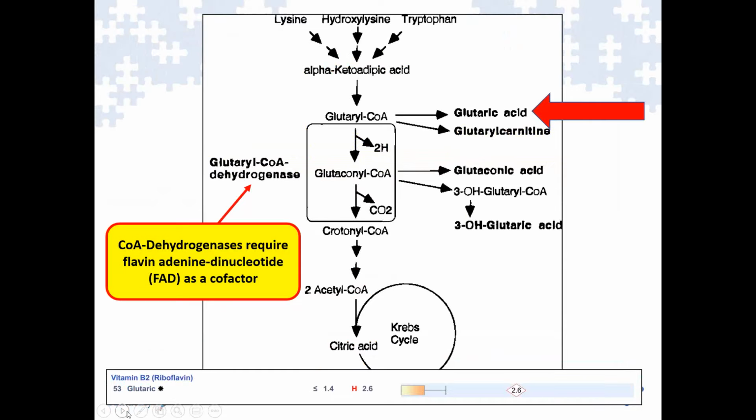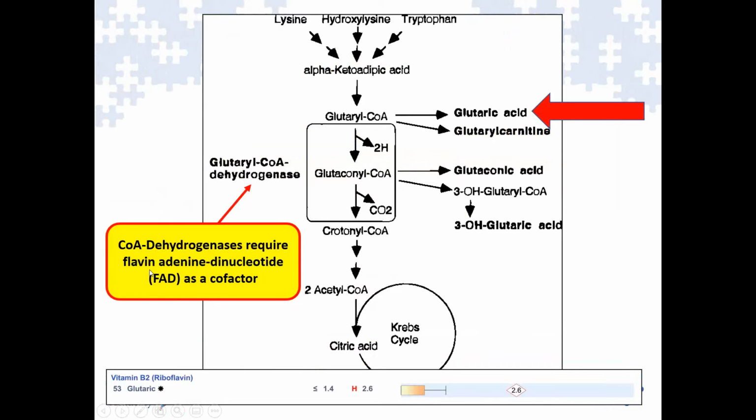It's a complex of enzymes, basically, that helps in the proper amino acid metabolism of tryptophan and lysine as they are moving towards Krebs cycle activation or citric acid activation. And glutaric acid is one of those things that can be elevated. Sometimes you'll see glutaconic acid elevated, which is also reflective on the OAT under the amino acid Krebs cycle section on page 3 of the organic acid test.